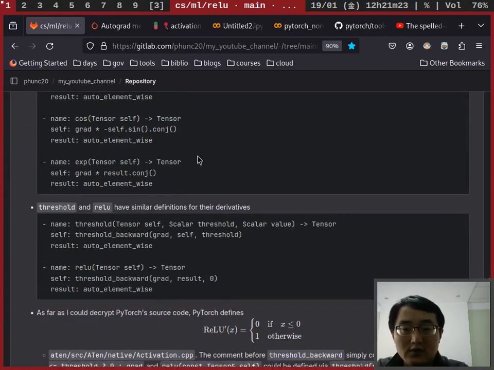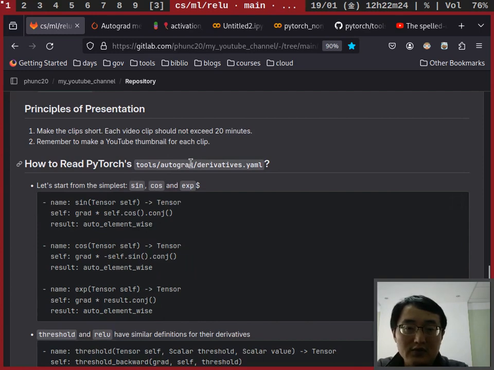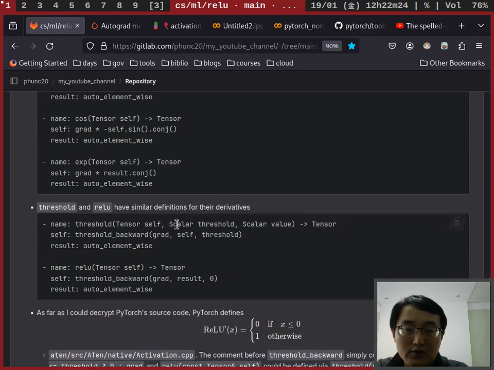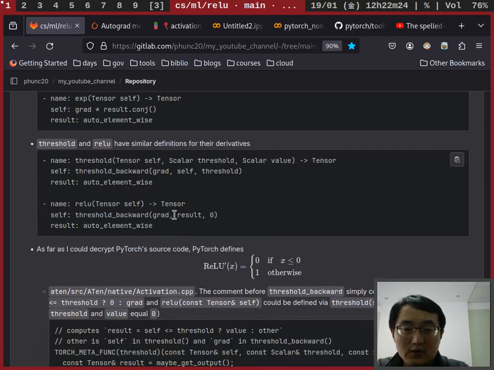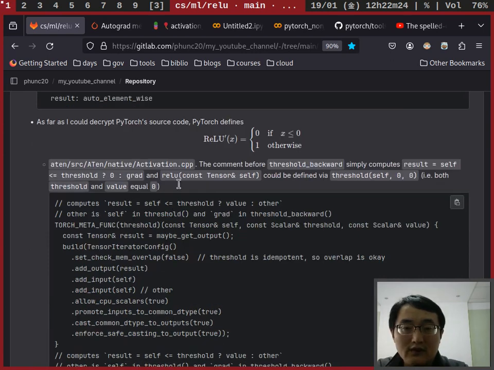This is quite readable, but for some functions like ReLU, it is harder to understand. But if you spend enough time, you will see that PyTorch defines ReLU prime of x equals 0 when x equals 0, and every other point will be normally just the gradients.